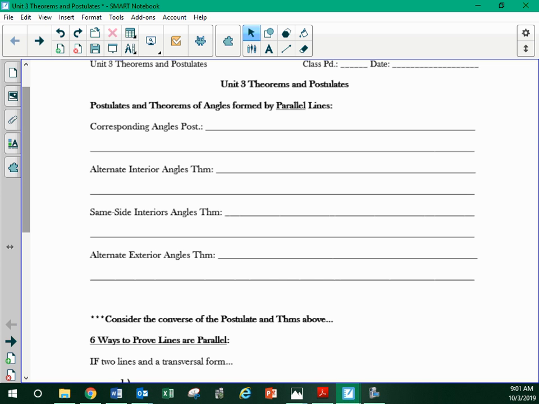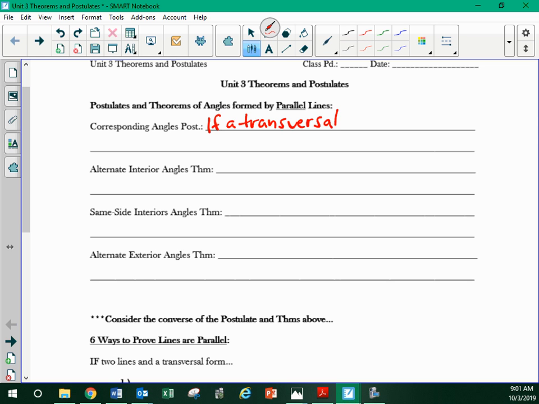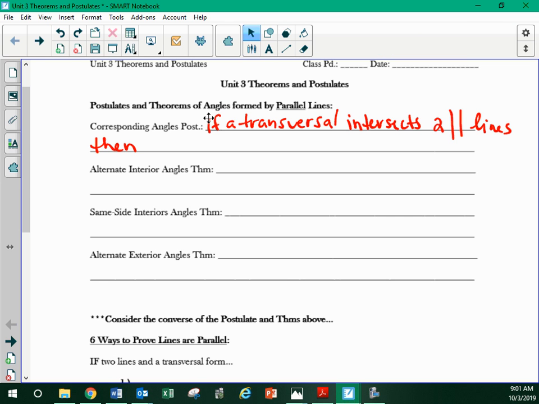So the beginning part for each of these is going to be: if a transversal intersects two parallel lines, then... So this is going to be the starting point for each of these theorems. Go ahead and write it out for each one: if a transversal intersects two parallel lines.